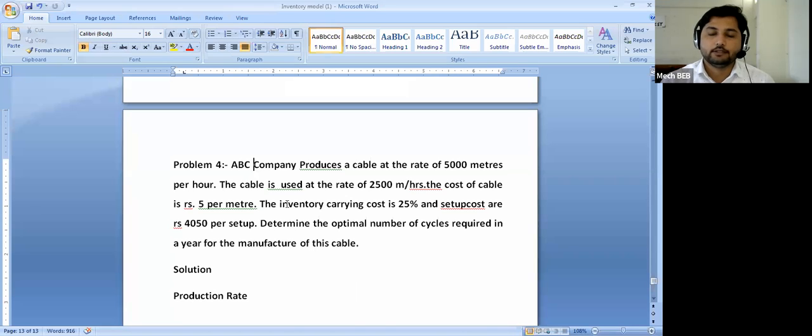The cable is used at the rate of 2,500 meters per hour.